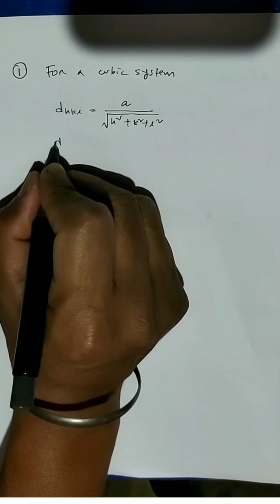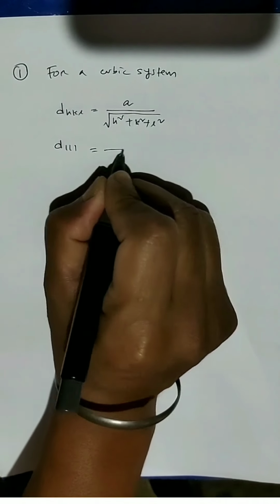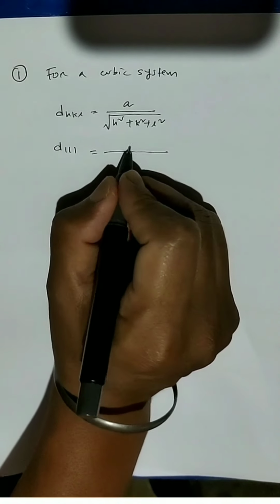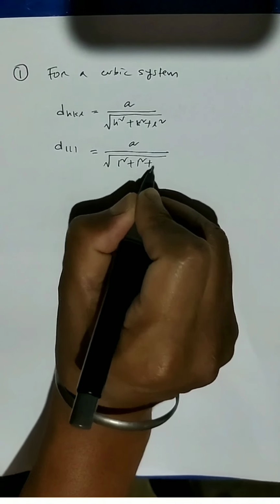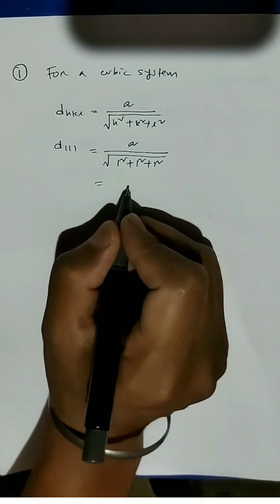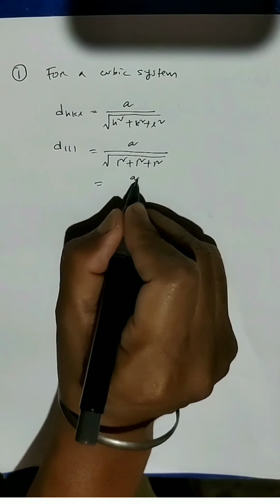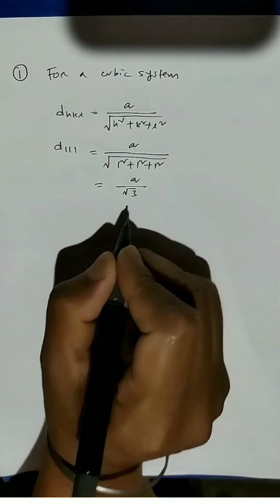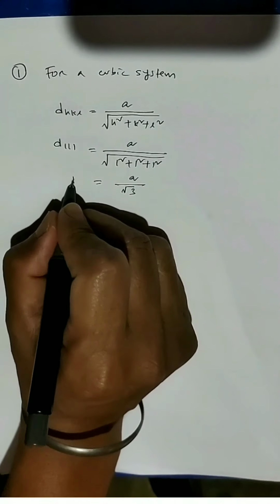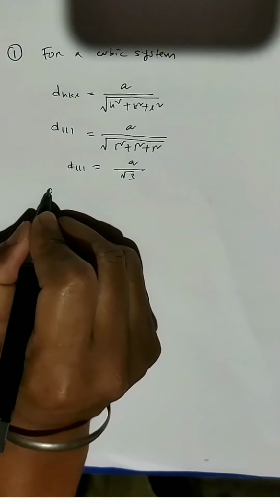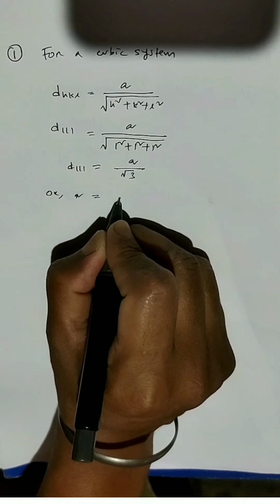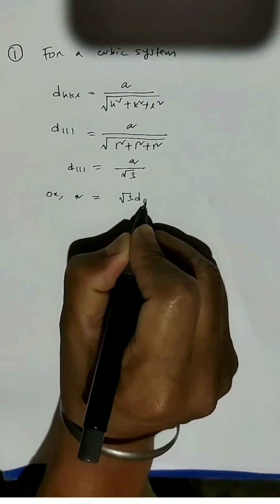Okay, for d111 the system would be a by root over 1 square plus 1 square plus 1 square. So here you can write a by root over 3 for d111, or a equals root 3 d111.